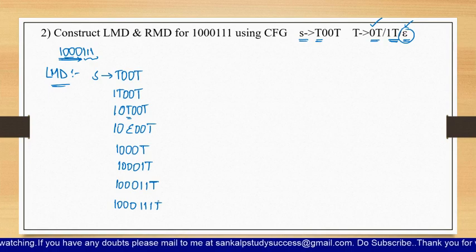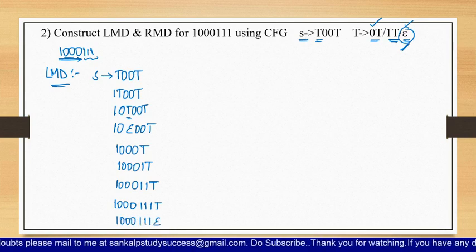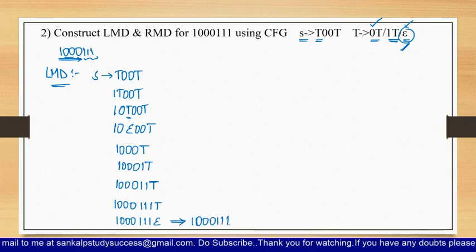So in order to remove that non-terminal, we can substitute null here, because there is a production T tends to null, that means epsilon. So let us substitute 1000111 and epsilon for the T. If you remove epsilon, then you will get 1000111. So this is nothing but the leftmost derivation for the given input string.